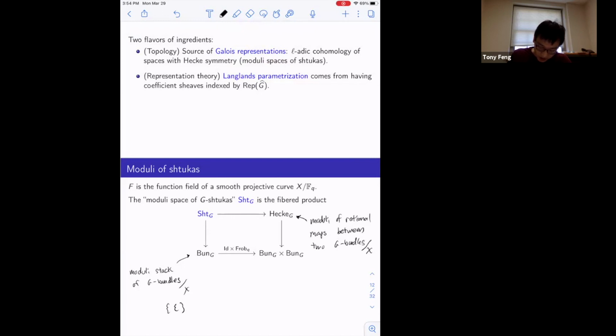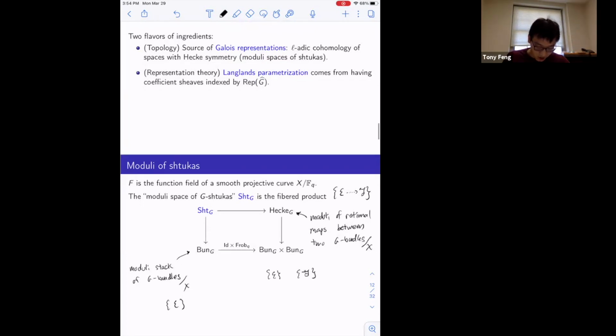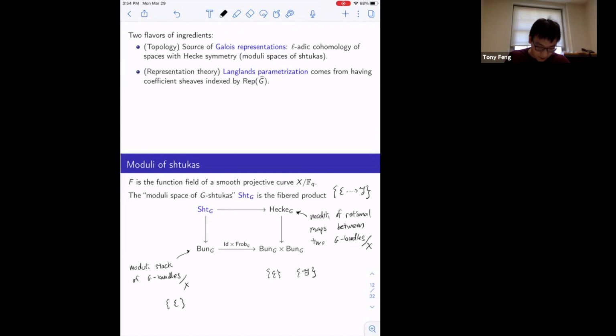On the other hand, the Hecke stack parameterizes rational maps between two G-bundles, and there are two maps to Bun_G, one projecting this data to E and the other to F. And so I have a diagram, I form a fibered product. That's what Sht_G is.